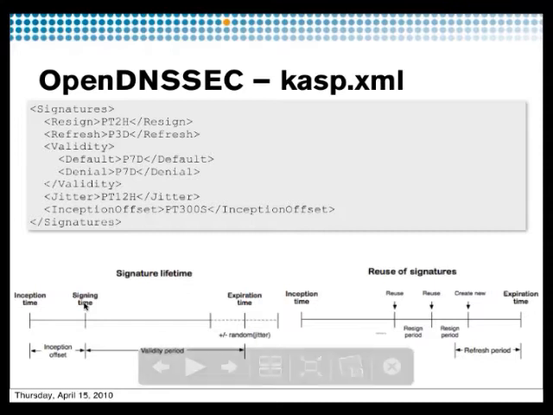But a signature is valid from one time, from the inception time to the expiration time. So the first thing you have to think of is the inception offset. And the inception offset makes your signature valid before now, which means that if the clocks on the different servers are not synchronized, they might differ by, for instance, 10 minutes.